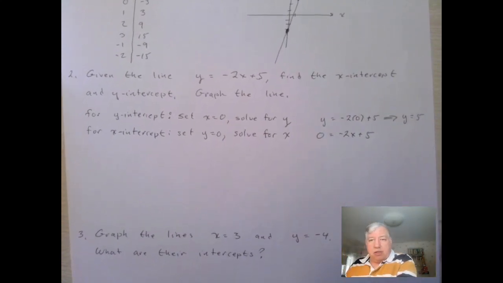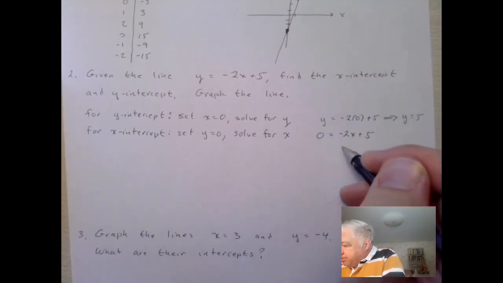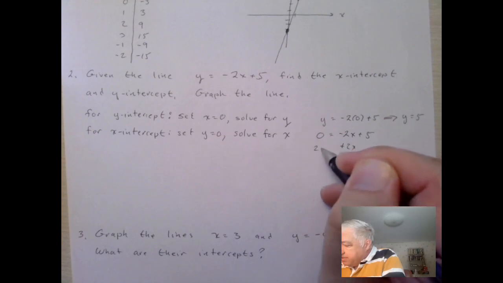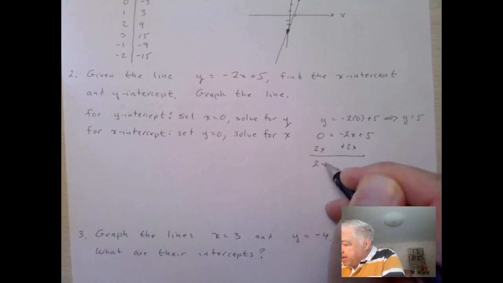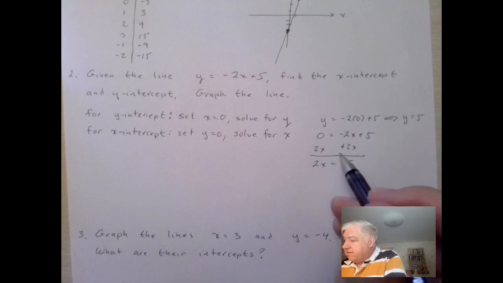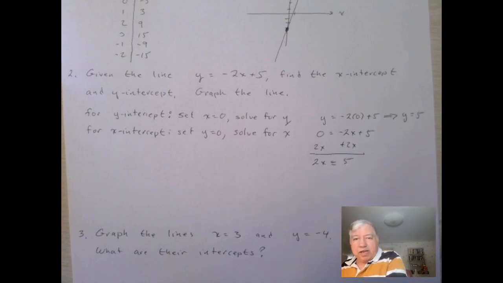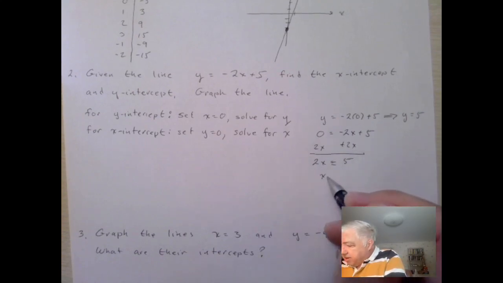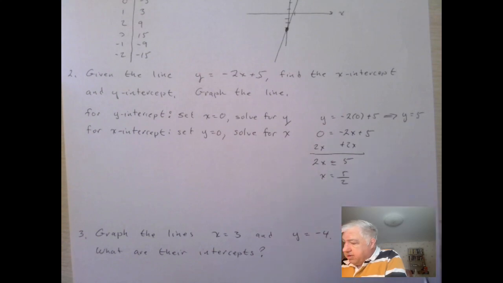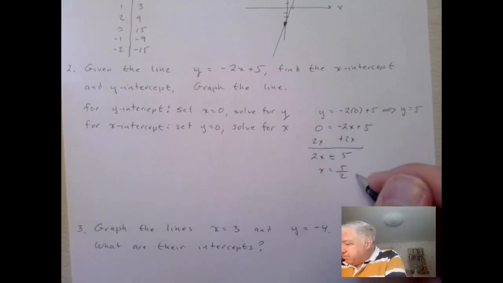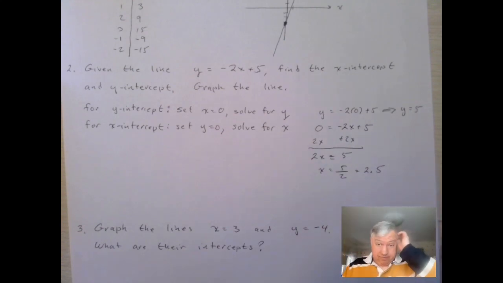Now we have to do a little bit of algebra. We can add 2x to both sides and get 2x equals 5 because these 2x's cancel, and then divide both sides by 2, and we get 5/2, which, if you want to write this as a decimal, would be 2.5. Okay, so that would be the x-intercept.